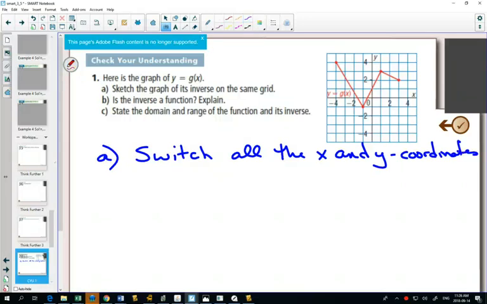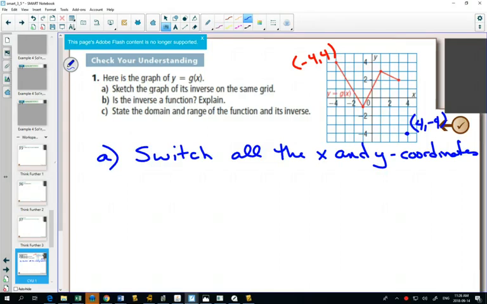So that means on my original graph, let's start here, I have negative 4, 4. My x coordinate is negative 4, my y coordinate is positive 4. If I switch those, I would get the point 4, negative 4.